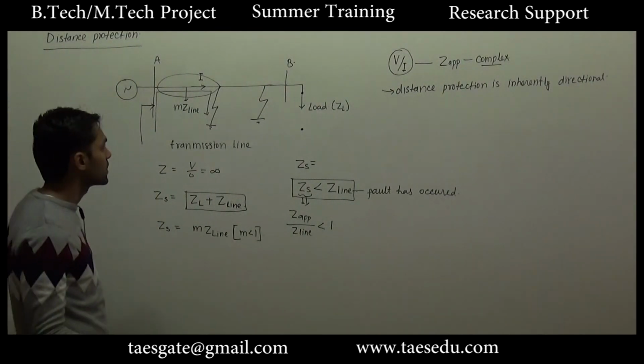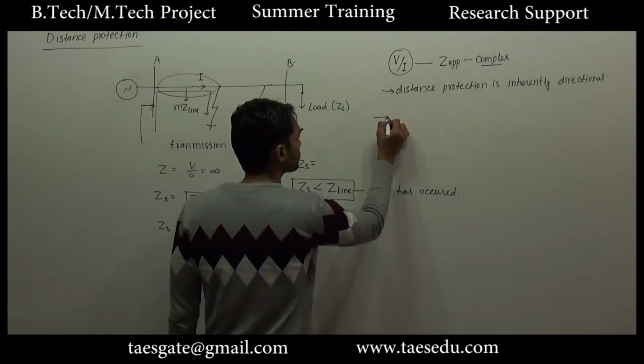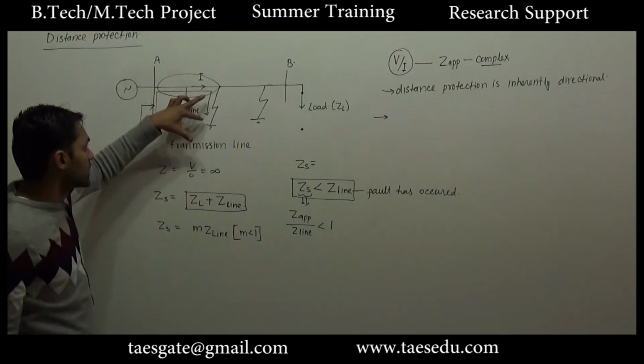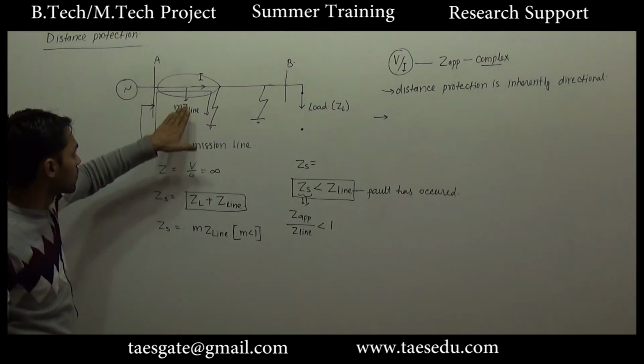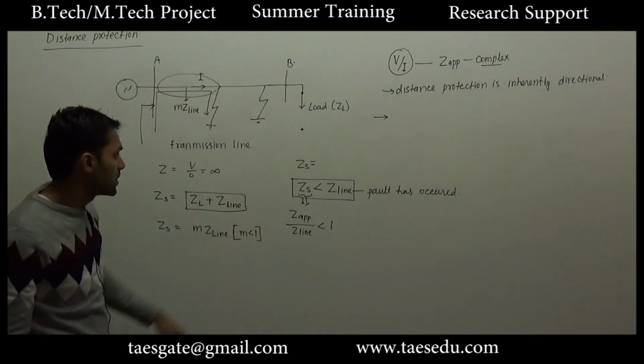One more thing we can observe here: if a fault occurs right in the middle of the transmission line, what will be the measured or the apparent impedance?